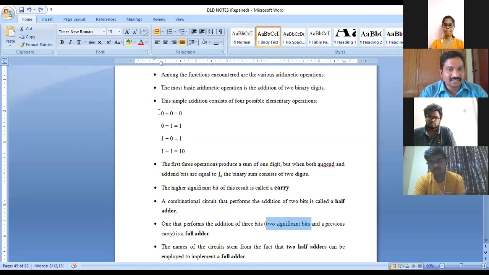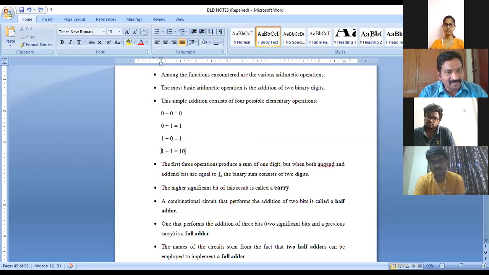So you know how we are adding the 2 bits, and here if we add 1 and 1, the 1 bit is the carry bit and the 0 bit is the sum bit. The addition of the 2 bits is done by a half adder.